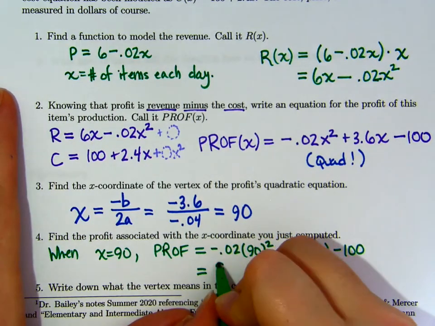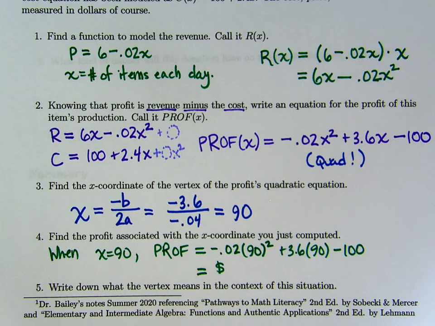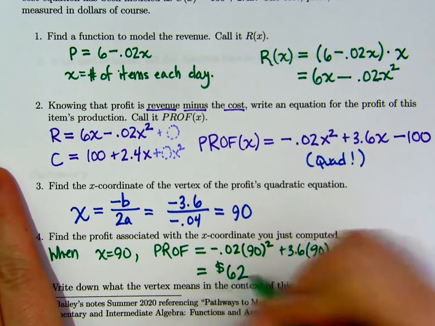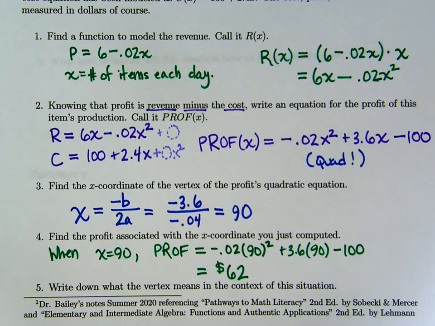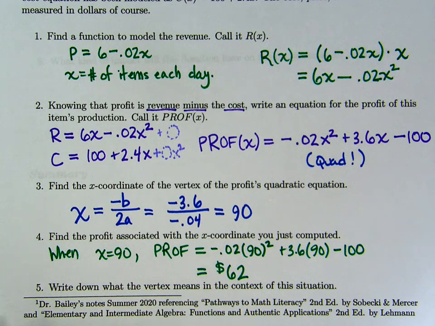And this is, as they say, in dollars, of course. So calculator business: negative 0.02 times 90 squared plus 3.6 times 90 minus 100. I get $62 per day. So that's our profit per day at our peak. That's our best our profit can get.